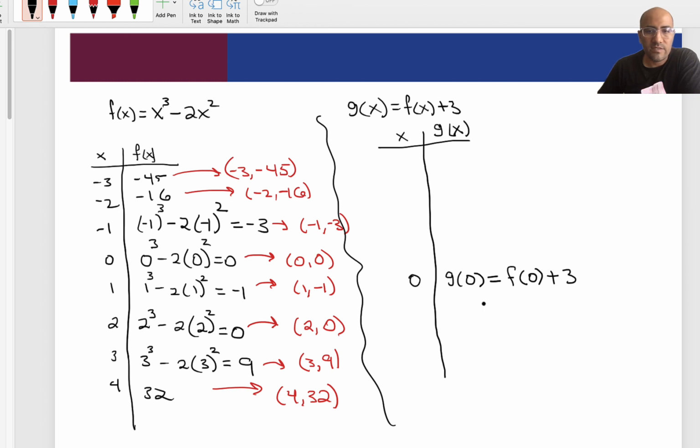And f of 0 was 0, right, over here. If we go back, f of 0 led to a 0. So this is going to be equal to 0 plus 3. So it's just going to give me a value of 3.